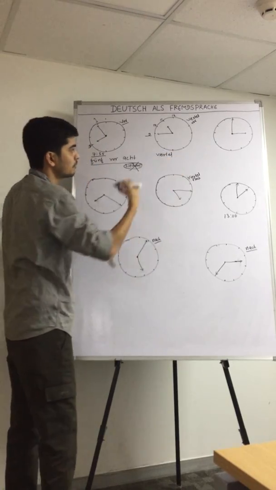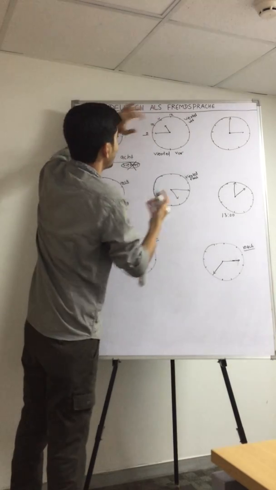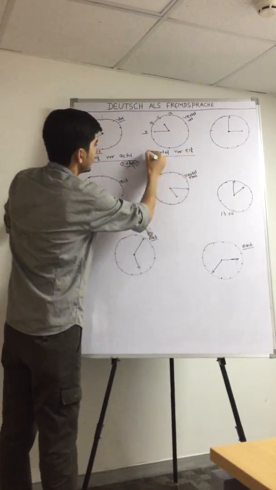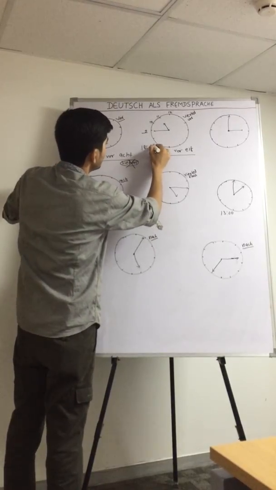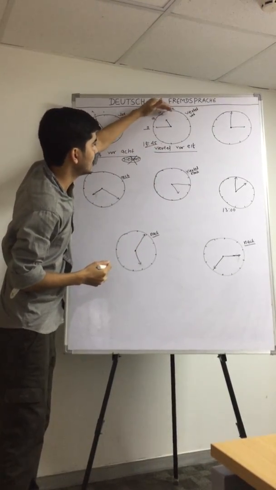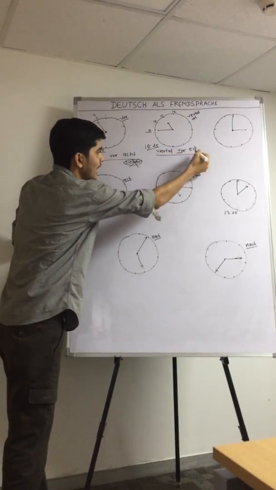So Viertel vor 11. Viertel vor 11. So 10:45. So it is 15 minutes before 11. 15 minutes to 11. So Viertel vor 11.